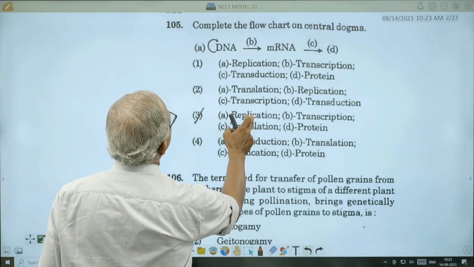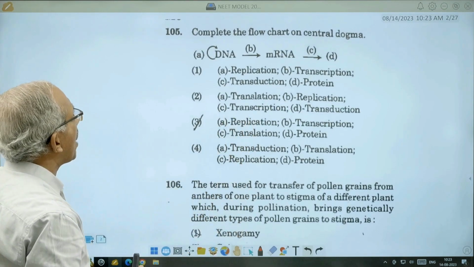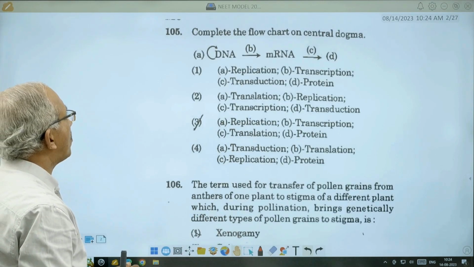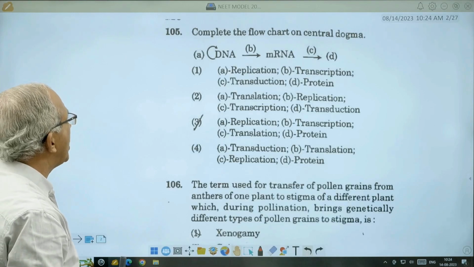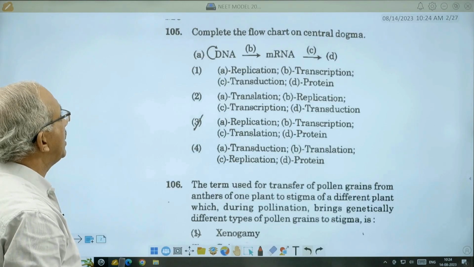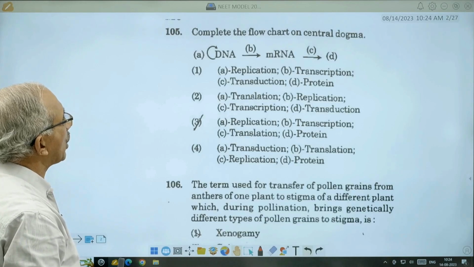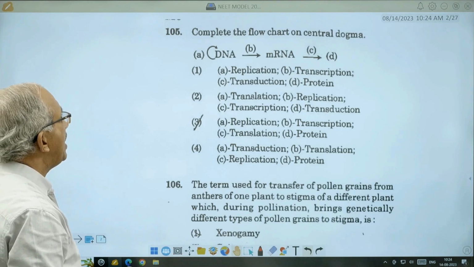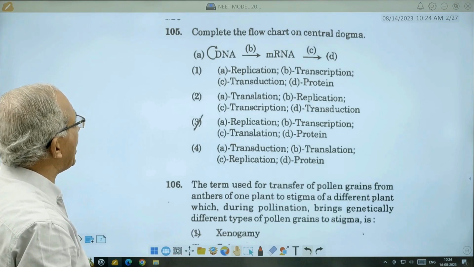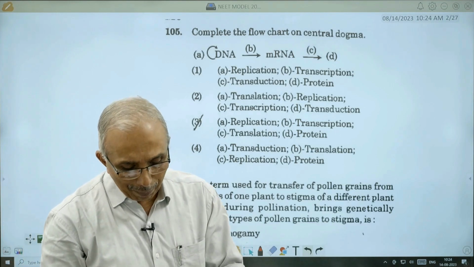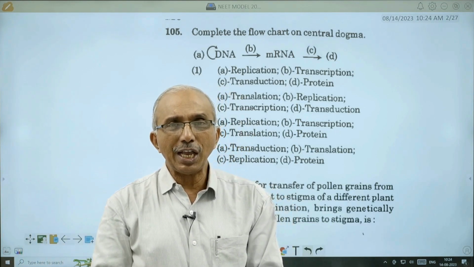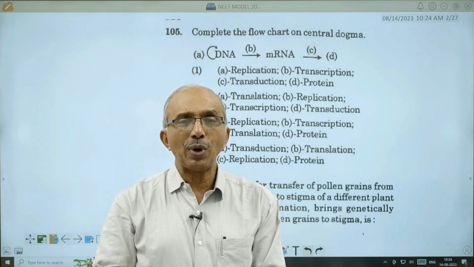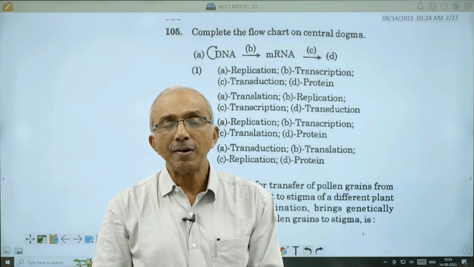Next question. Complete the flowchart of central dogma. In the flowchart, 4 items are asked to identify: A, B, C, D. A is DNA to DNA, it is replication. B is DNA to mRNA, transcription.